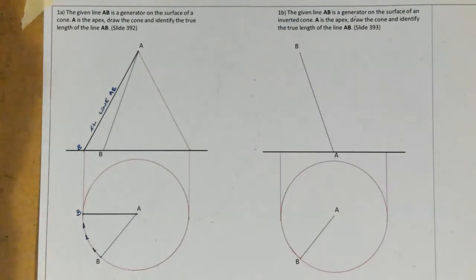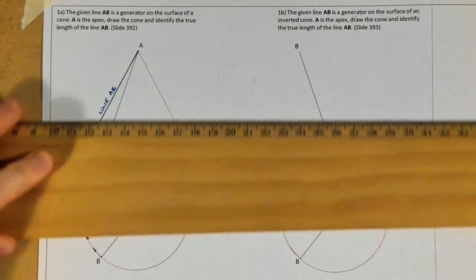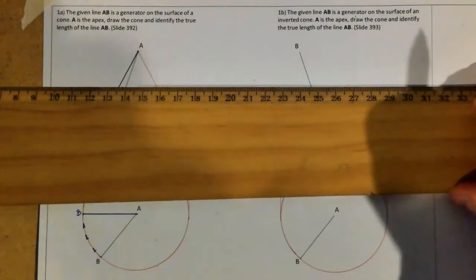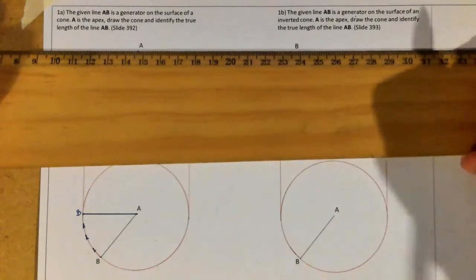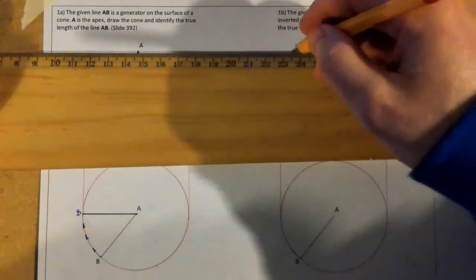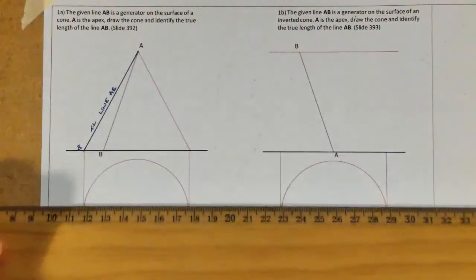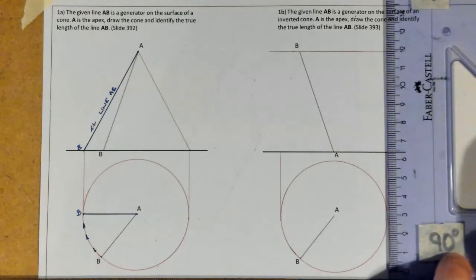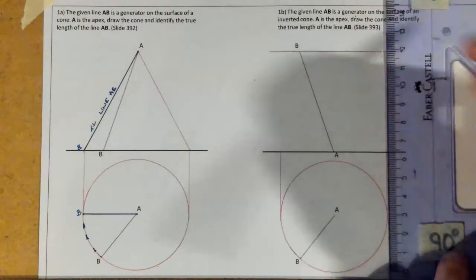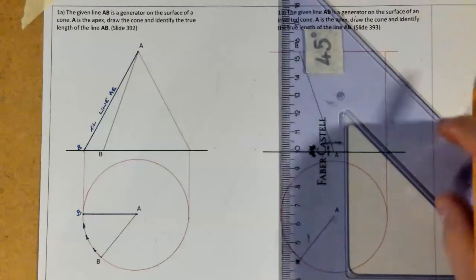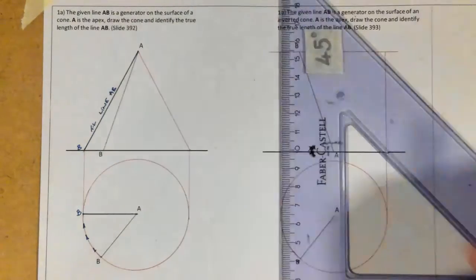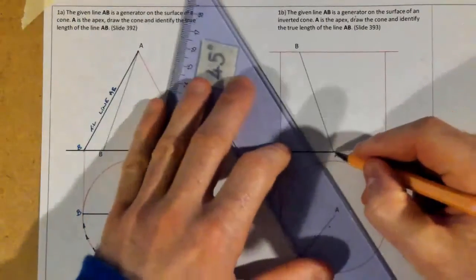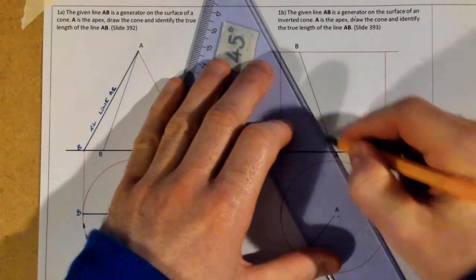Now in this case it's upside down, so from B, that is actually going to be my overall height of it. So I could extend that all the way up to here and here, and at these 2 points then join them to A.